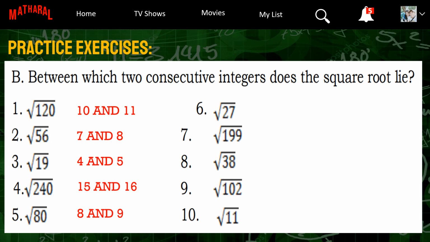So please do memorize those perfect squares so you can answer these.